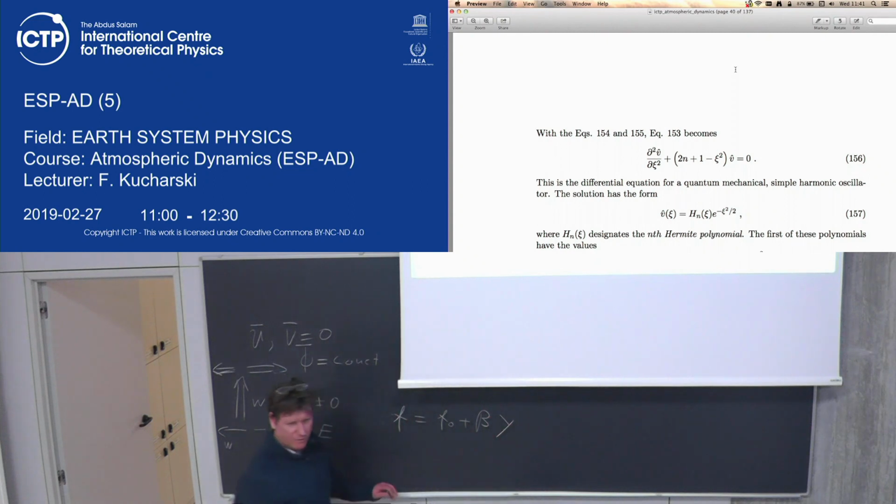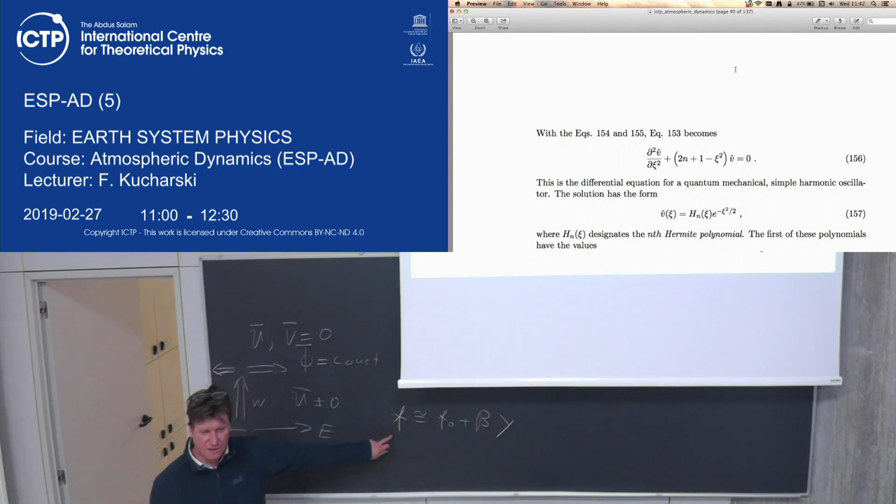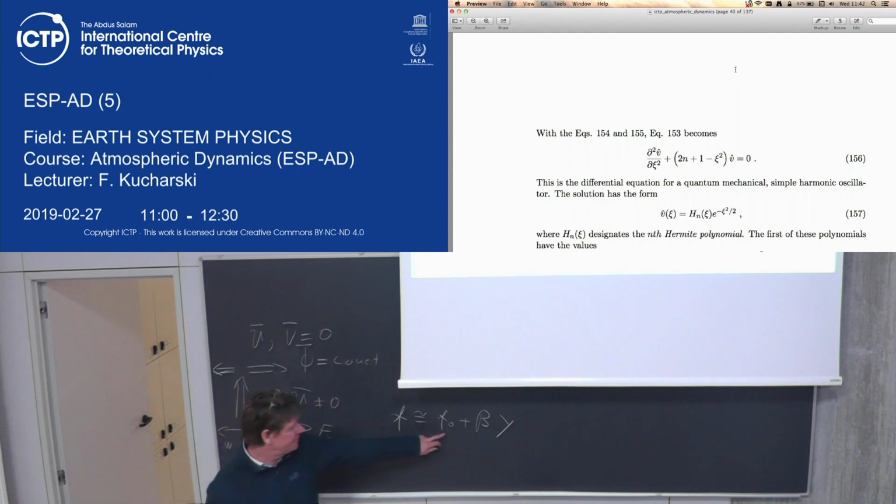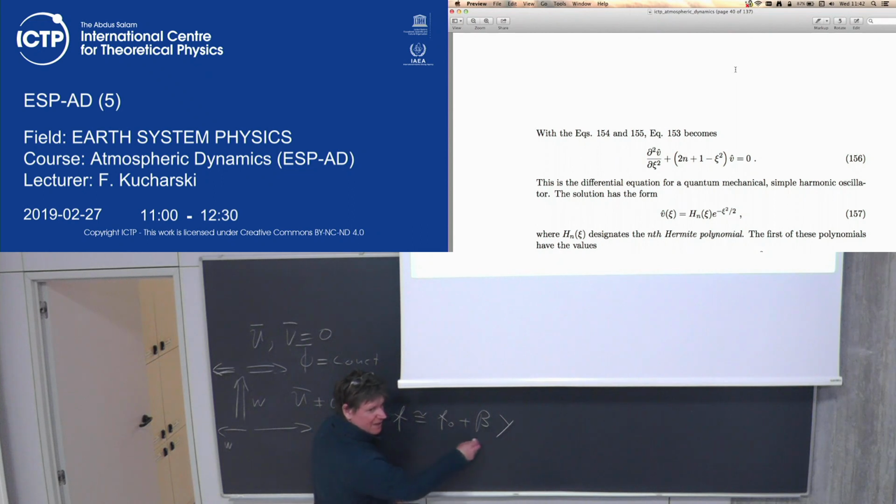This is what we have always used as first kind of a Taylor series expansion of our Coriolis parameter in terms of the constant value and the first order perturbation. Okay? And in the extratropics, we have said whenever they appear together, f naught is much larger than beta y. That's true for the extratropics.